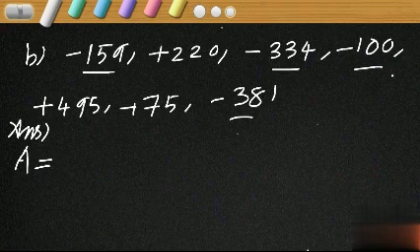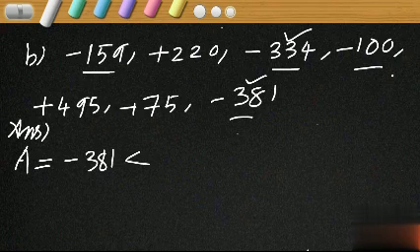So we have to start with minus 381, less than. Next comes the number with the second greatest magnitude, 334, so minus 334 is the next smallest number.